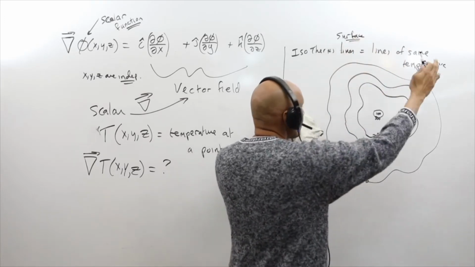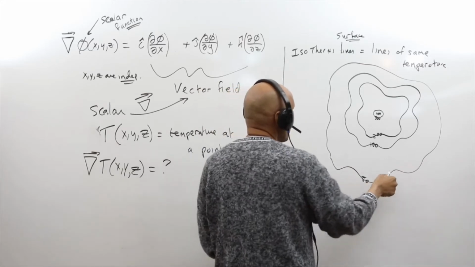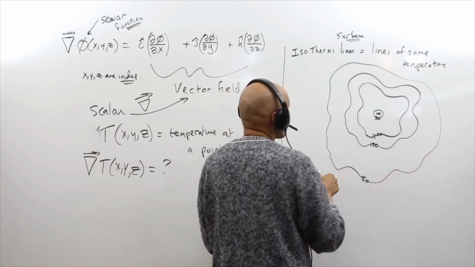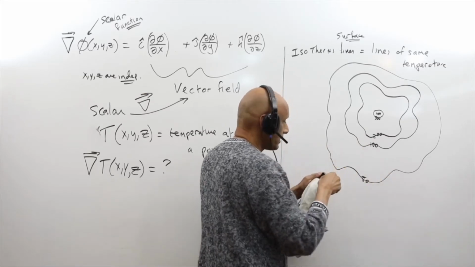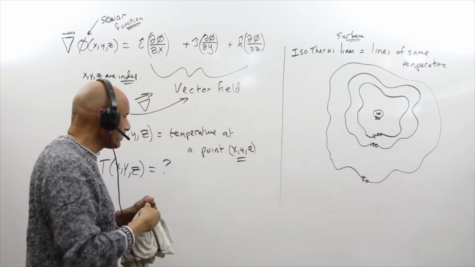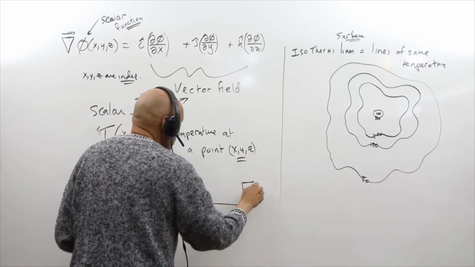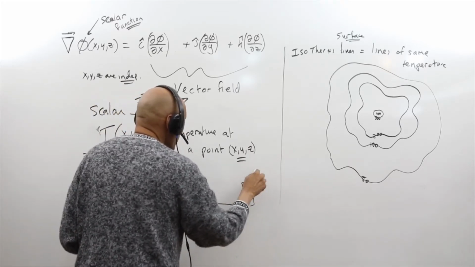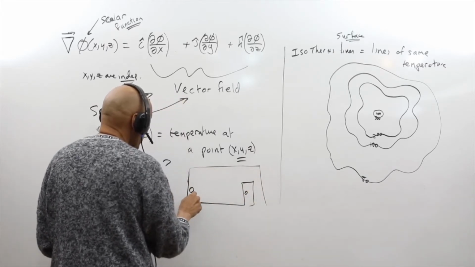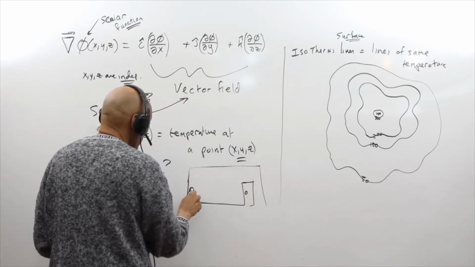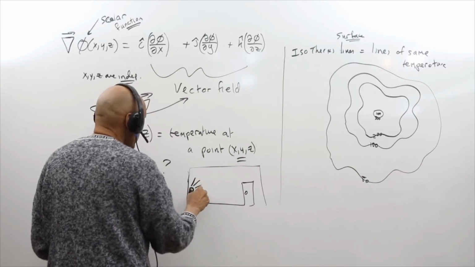So these isothermal surfaces are basically surfaces that have the same temperature at every point along that surface. I'm doing this in 2 dimensions, but you have to imagine it in 3. For example, if this is a room, and this is the door to the outside of the room, and here's the radiator, let's say it's a heating element, so it's radiating heat.